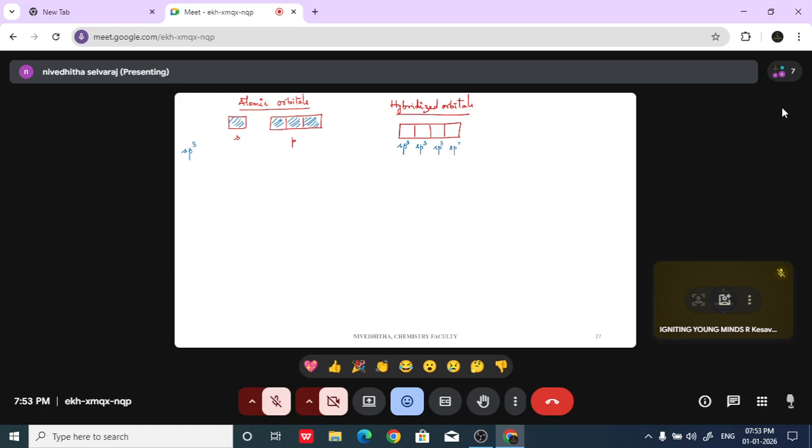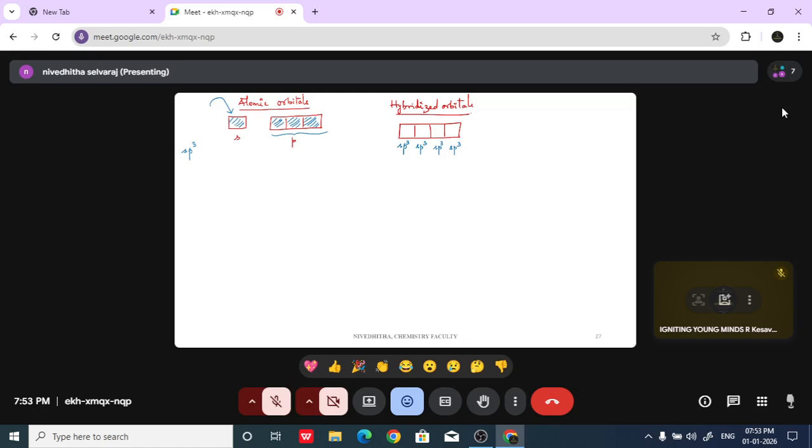This also sp3. Initially, this orbital will have the character of only s. These orbitals will have the character of only p. But each orbital in a hybridized system will have the character of both s and p. Now we have to find the percentage of s character and percentage of p character in hybridized orbitals.